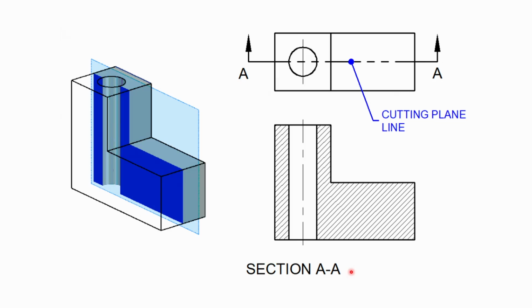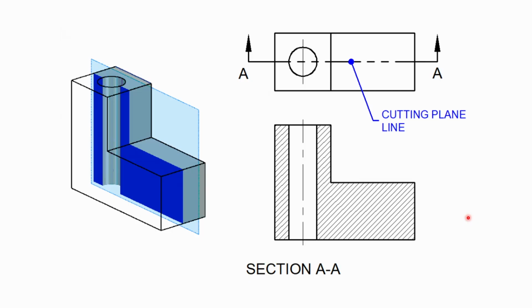You could have a number of different sections like that, depending on what you're looking at. But this way, you look at it and say, oh, okay, I can see that hole goes all the way through. It's basically a way to give you more information on what we're trying to do.